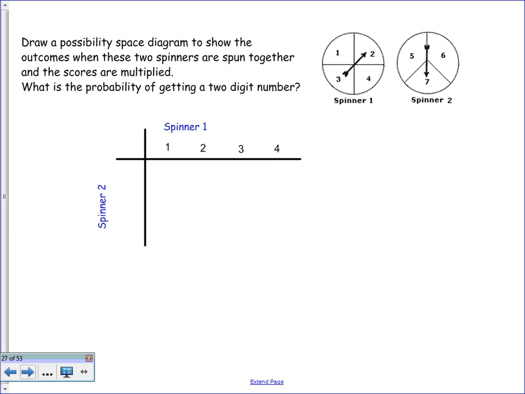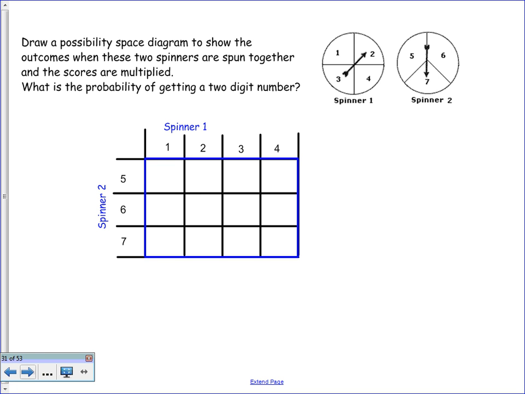Spinner 2 could land on 5, 6, or 7. Inside this rectangle, we fill in all the possible outcomes when two spinners are spun together and the scores are multiplied.